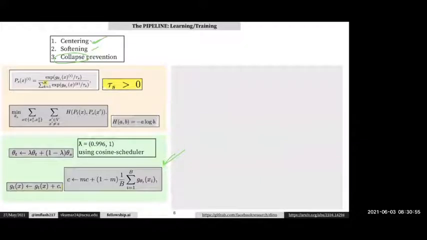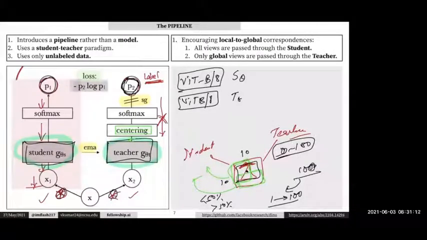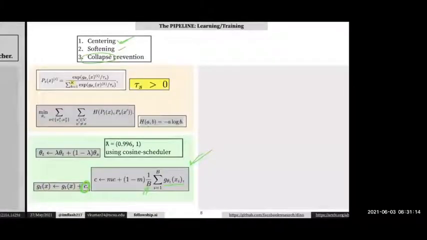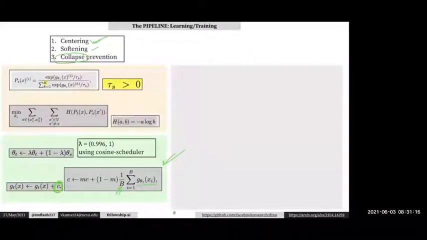What they do is they add a different parameter which is also learned in an exponentially moving average fashion. You start with some value and then you exponentially move it. B is the batch size, and G theta is the output of this one. Then you move it across different batches, different iterations, and you keep accumulating it.